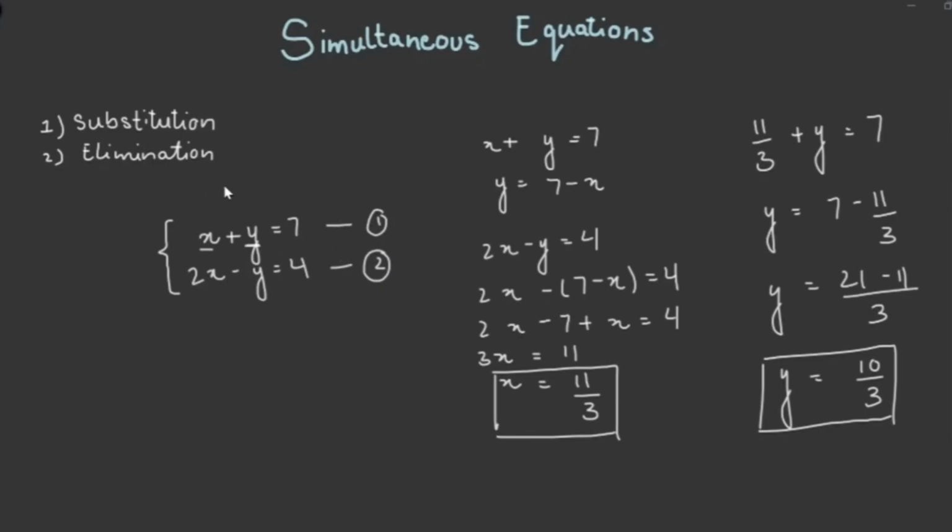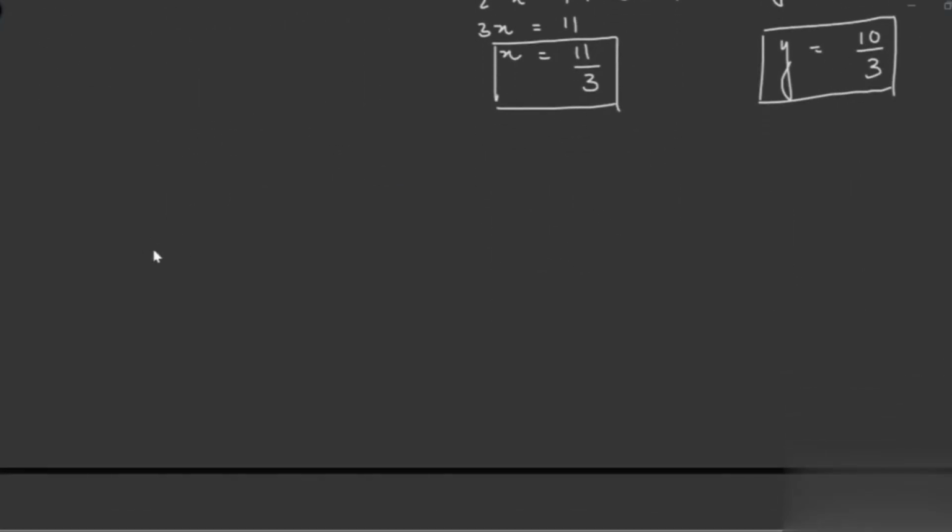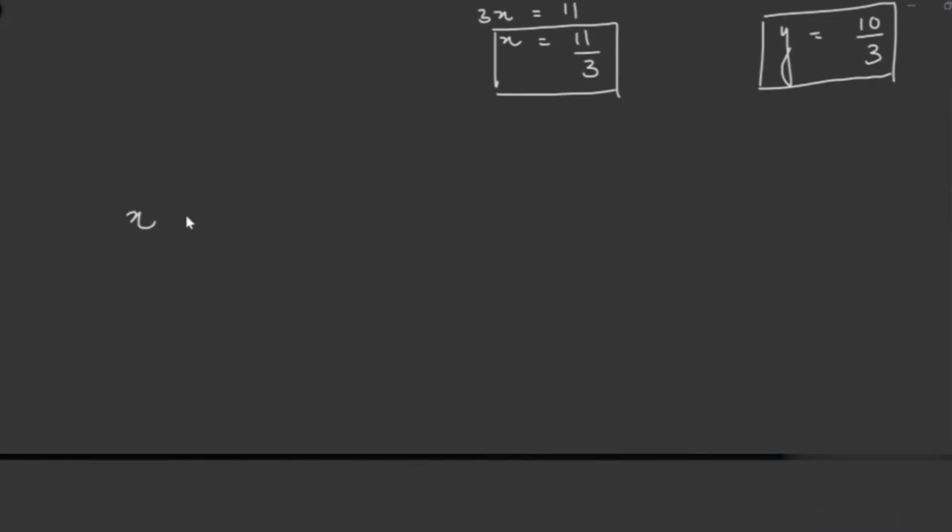Now let's see how elimination would work. Let's use the same example. Let's write the same example and see if we get the same values of variables. So what you need to do in the elimination method is you can either add the two equations or you can subtract them in such a way that one of the variable gets cancelled out.